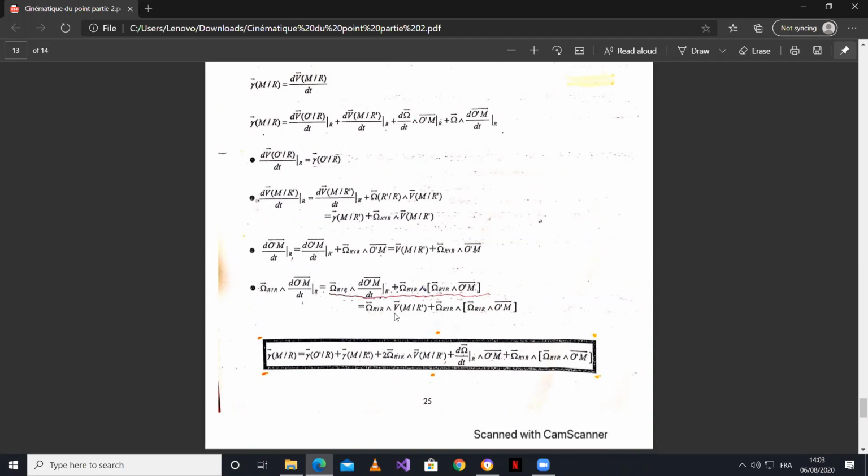So we add these two, it's going to give us that, plus the derivative of omega vectoriel O prime M, which is this term here. So you can just write omega point, si vous voulez, plus le double produit vectoriel there is coming from there, and that's that. That's the entire formula for the acceleration.